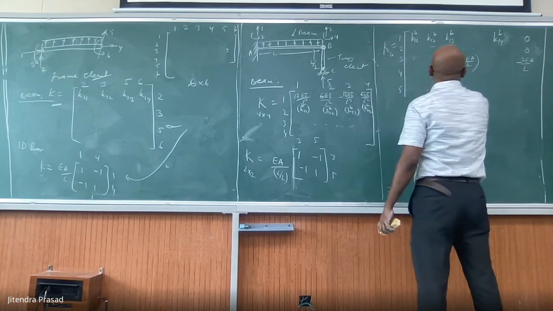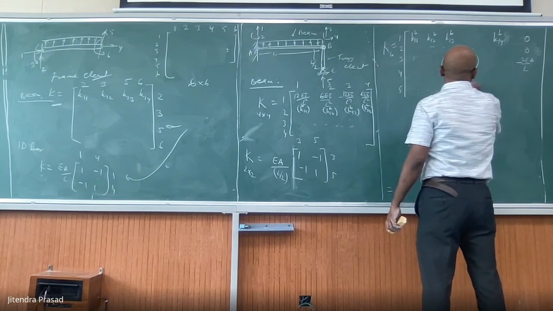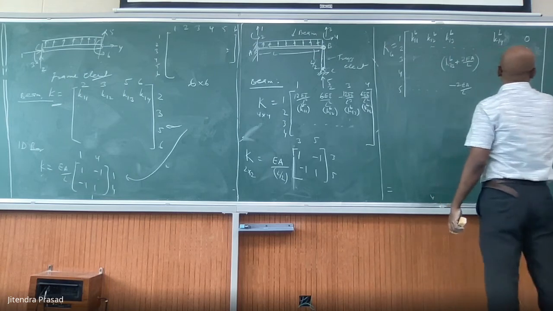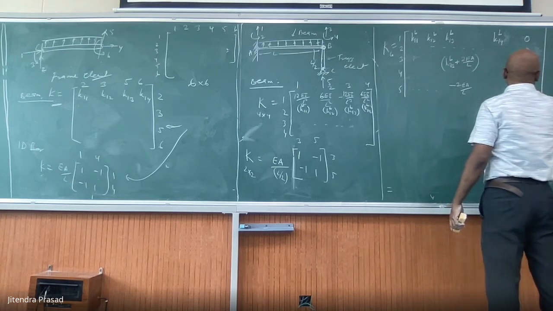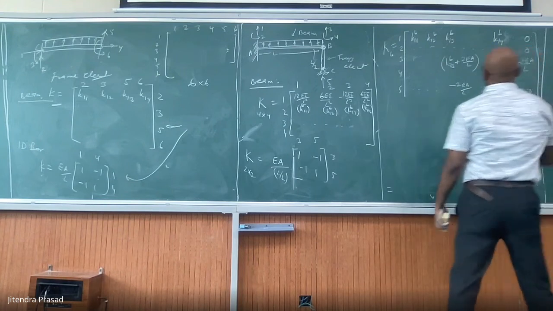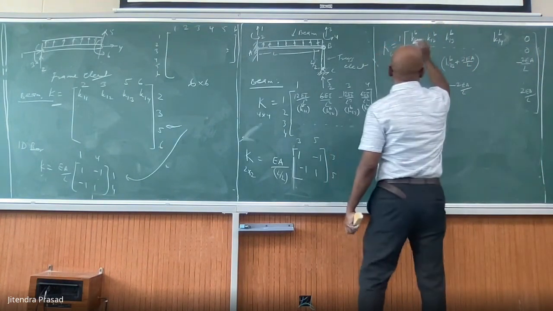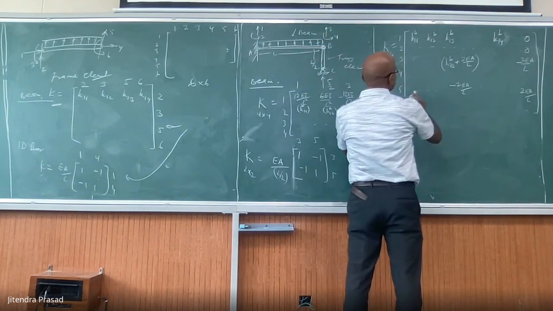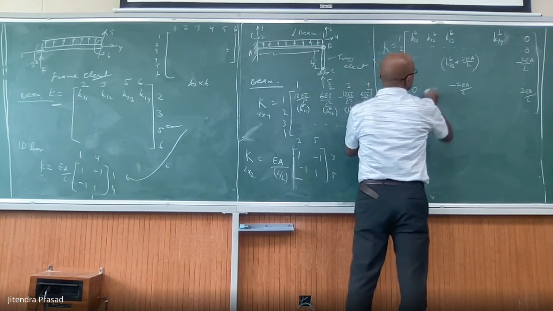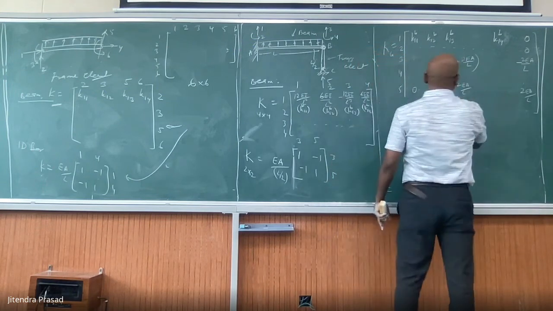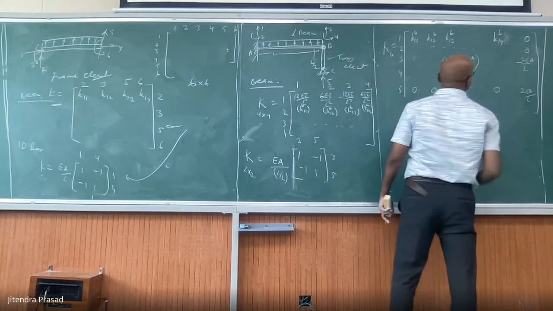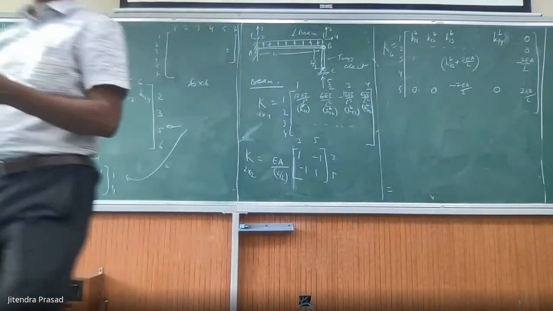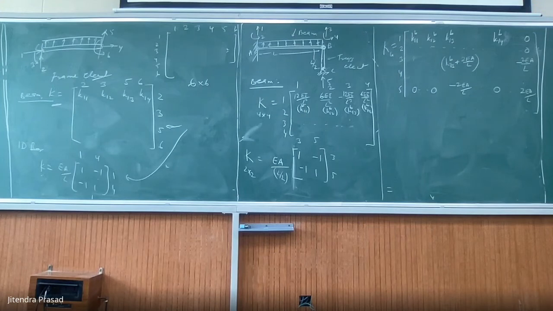At 5, you will get minus 2EA over L, right? And then you have here 2EA over L, right? Rest you fill, rest as they are coming from the beam. You will also have zeros here. Again, 1, 2, 3, 4, 5, 0 here also. This is how you combine the global matrix.